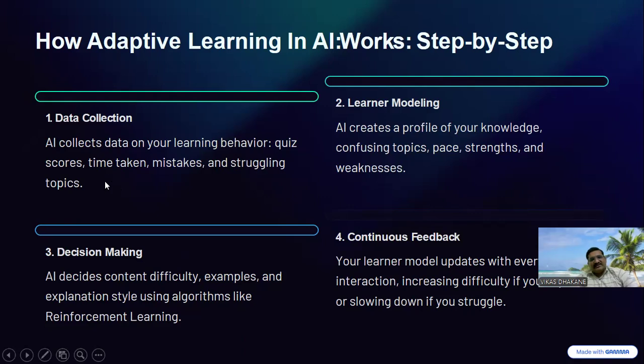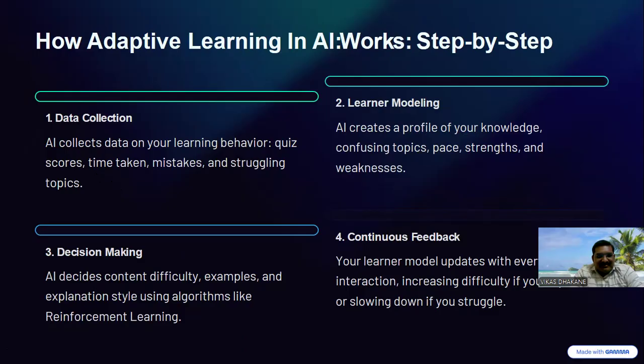The first step is data collection, which means artificial intelligence collects the data of your learning behavior. What kind of data? For example, consider an AI system for education. Some particular AI application is built to teach you something.